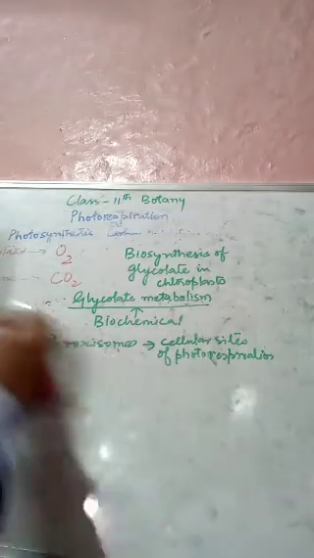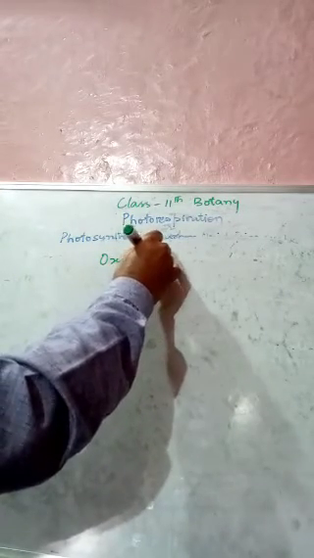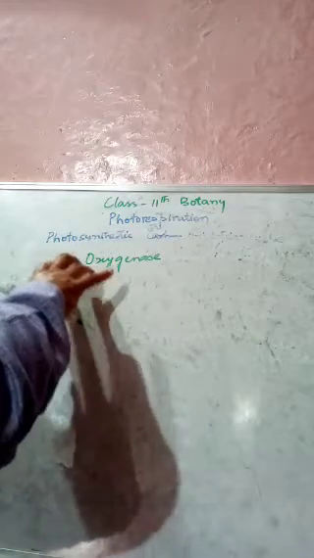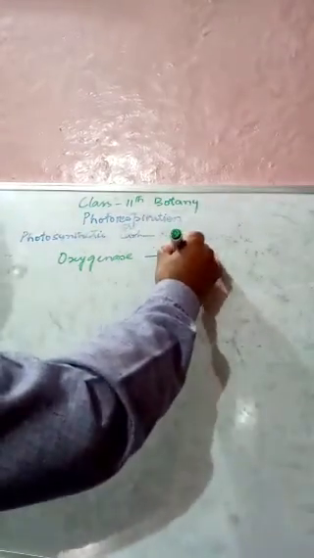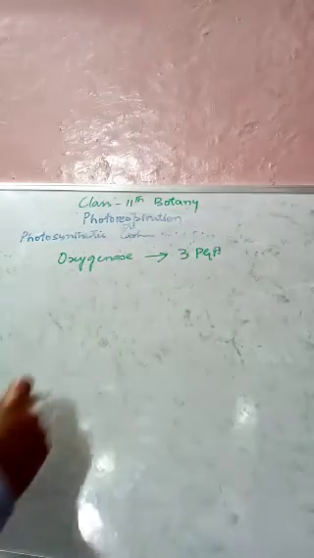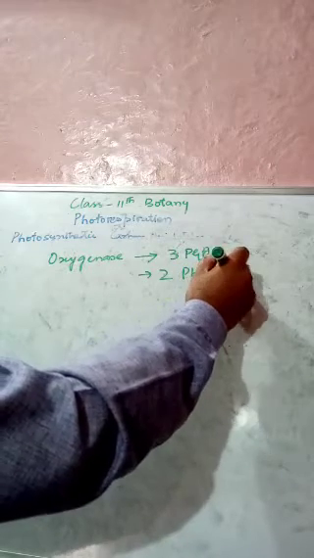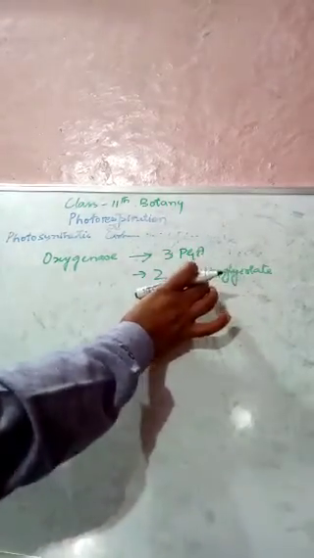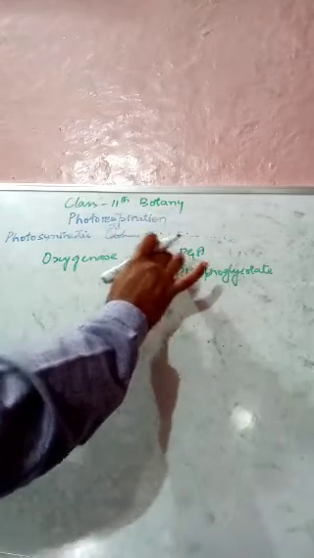It has been seen that in the presence of a high concentration of oxygen, the enzyme acts as oxygenase, and it results in the formation of three molecules of 3-phosphoglyceric acid and 2 molecules of 2-phosphoglycolate.